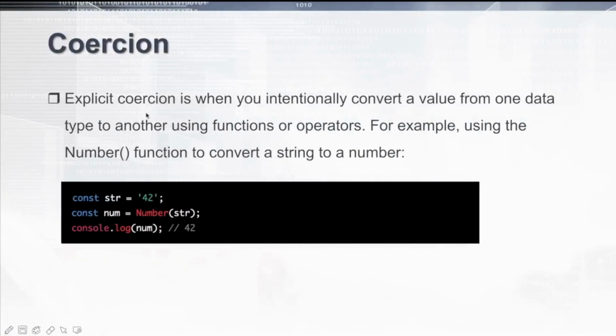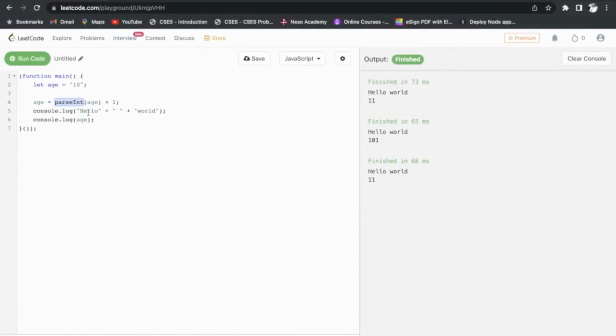In order to convert values from one data type to another, we make use of functions or operators. There are times you make use of a function, there are times you make use of an operator, right? In this case, we are making use of a function. We call this function parseInt, and then we pass in the value of the data we want to convert into an integer.